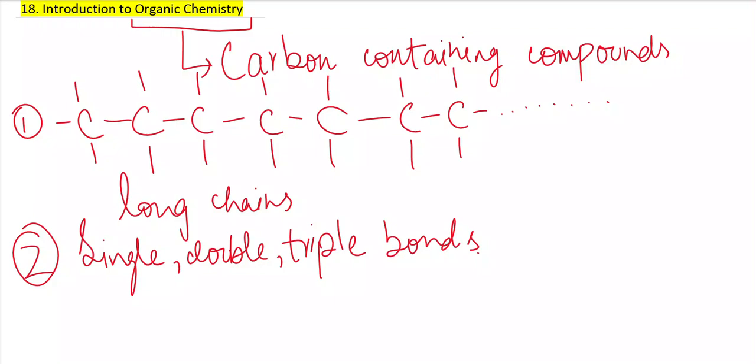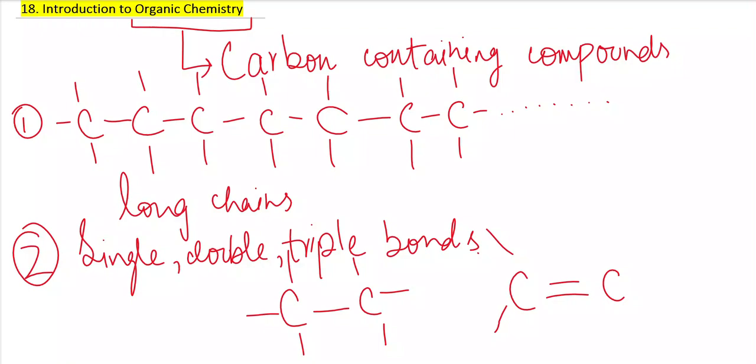Carbon can form a single bond like this, and then you can satisfy the 4 valencies. Carbon can also form double bonds like this one, and then 2 other bonds are formed by other elements. And if we talk about the triple bond between the 2 carbon atoms, then one element will satisfy its valency. So carbon atoms in a chain can be linked by single, double, or triple covalent bonds.